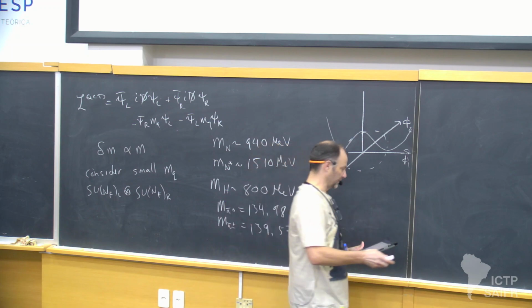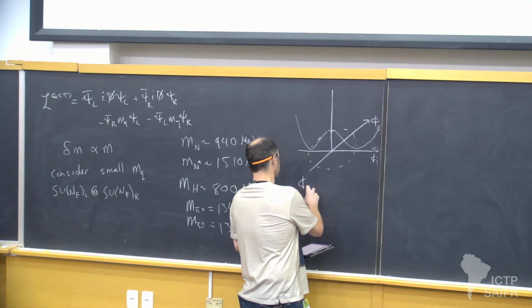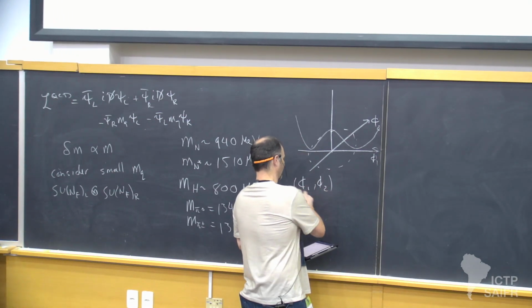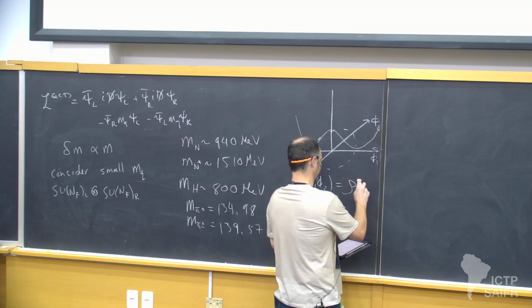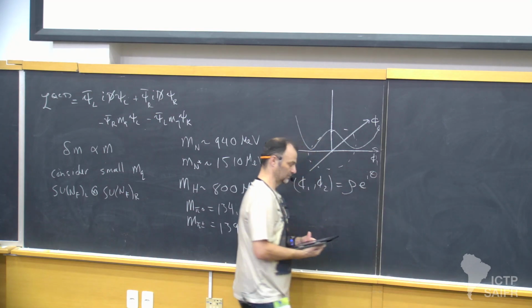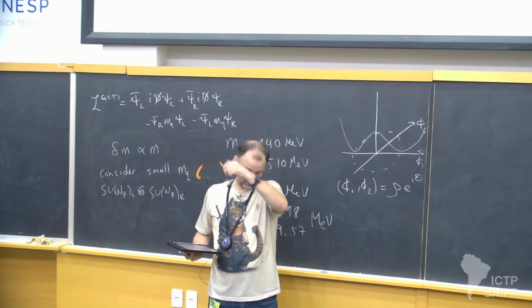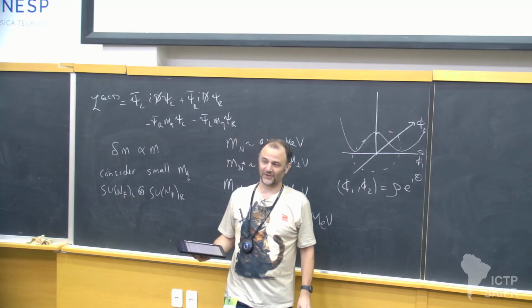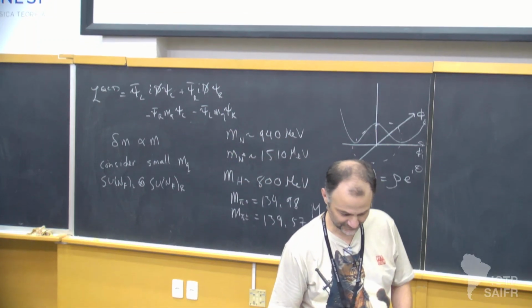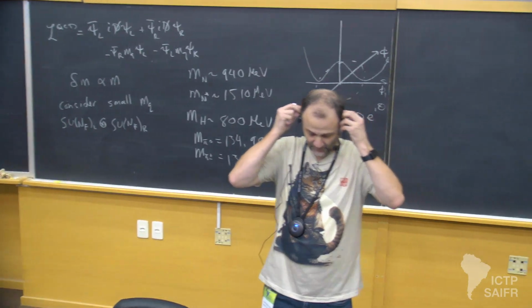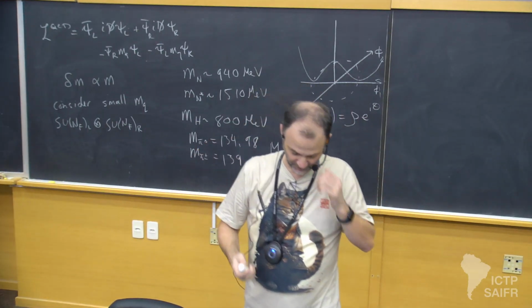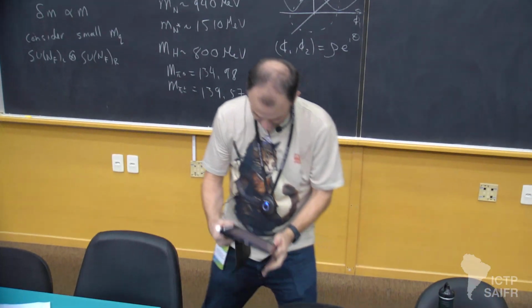And then you can reparameterize these complex fields as some radius and an angle. Okay.